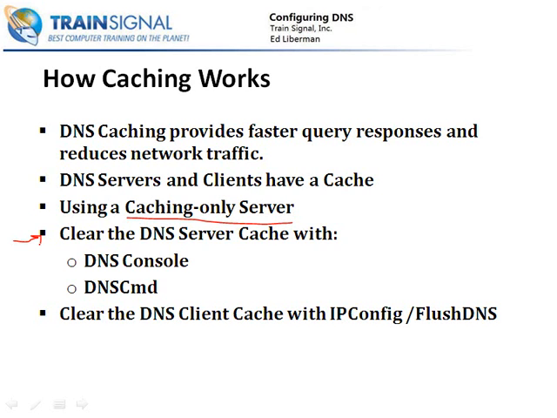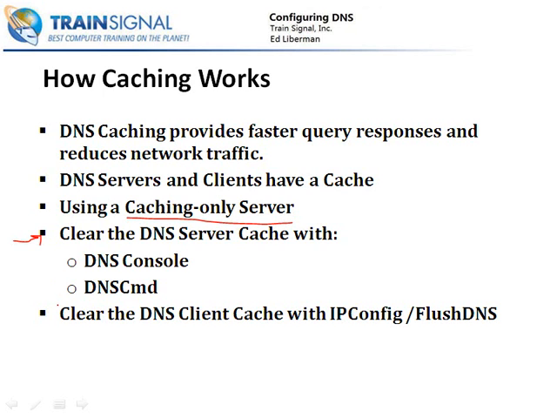This is a property that the authoritative DNS server puts on the response to tell the client or other DNS server, hey, this is how long I think this name and IP address should be good for. But sometimes that time to live is set too long and a change is made, and now the client goes out, makes the request, and the server gives a response, but that response is no longer correct. So that's why we might want to clear that cache out.